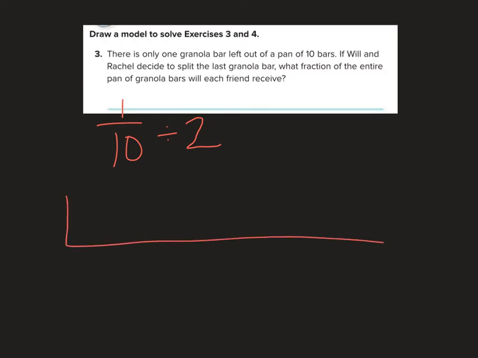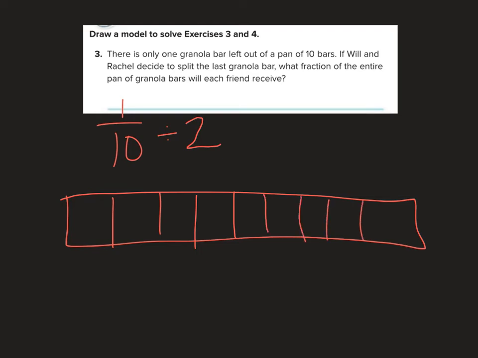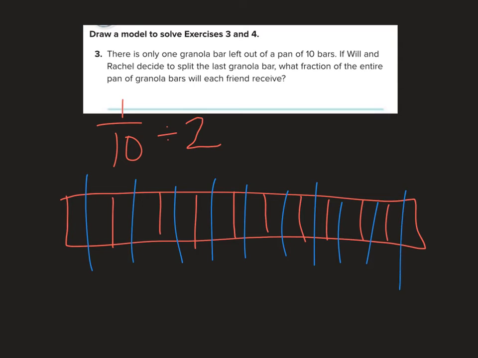Okay, so if I have a big bar here, 1, 2, 3, 4, 5, 6, 7, 8, 9. Now if I'm cutting each of these in half, cut it in half, half, half, half, half, half, half, half, half, right?